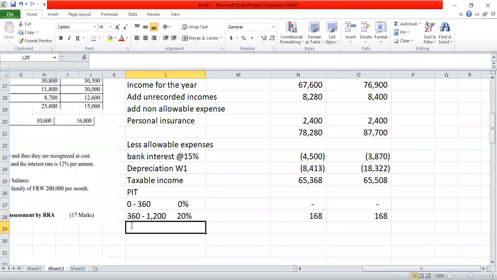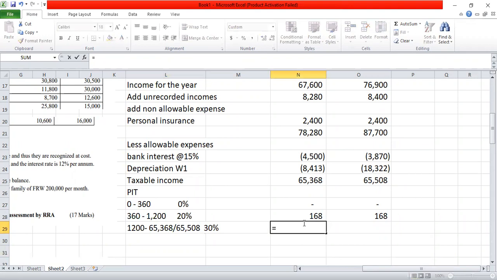Then from 1.2 to 65,368, 65,508, we are going to charge 30%. So here it's going to be this minus 1.2 times 30%.